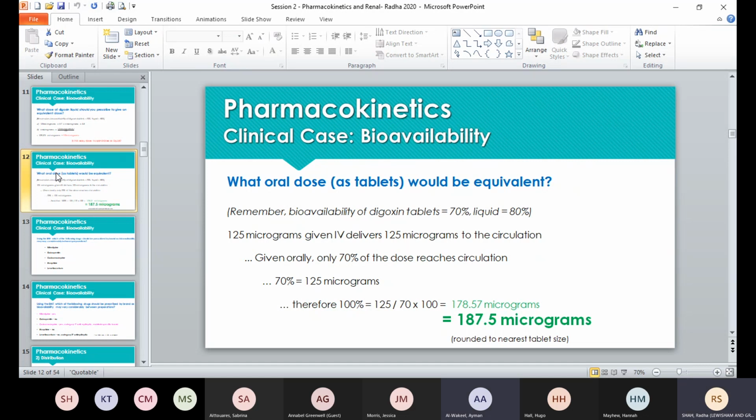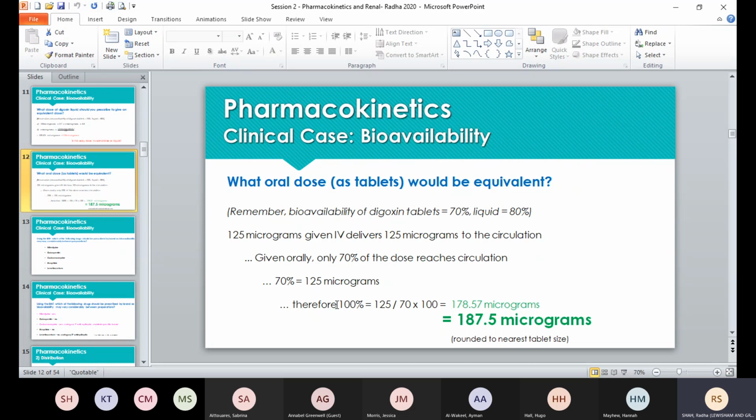So is it everyone 100% bioavailability by IV? Yeah. BNF says 20 to 33% increase. So in the BNF, it depends on if they're converting from a liquid or if they're converting from a tablet, because the tablet is roughly 70% bioavailability and the liquid is roughly 80% bioavailability, but each brand varies.